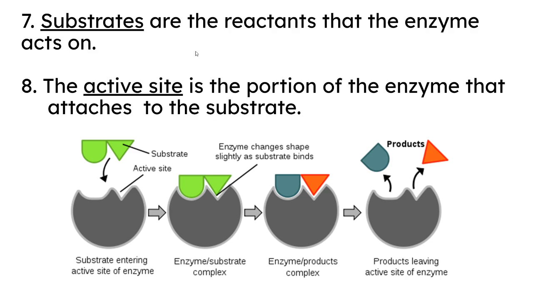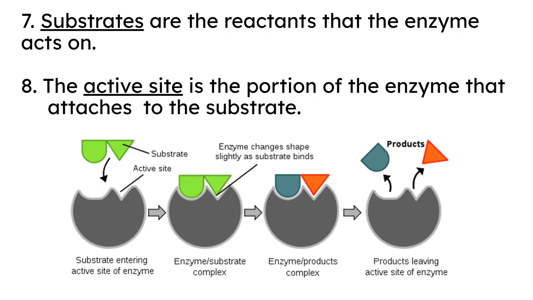All right, so based off of that YouTube video we saw earlier, that 3-minute short clip, there were some terms in there like substrate and active site, and we're going to talk about those right now. A substrate is the reactant that the enzyme acts on. Every single enzyme has a specific shape and a specific job that it can do.